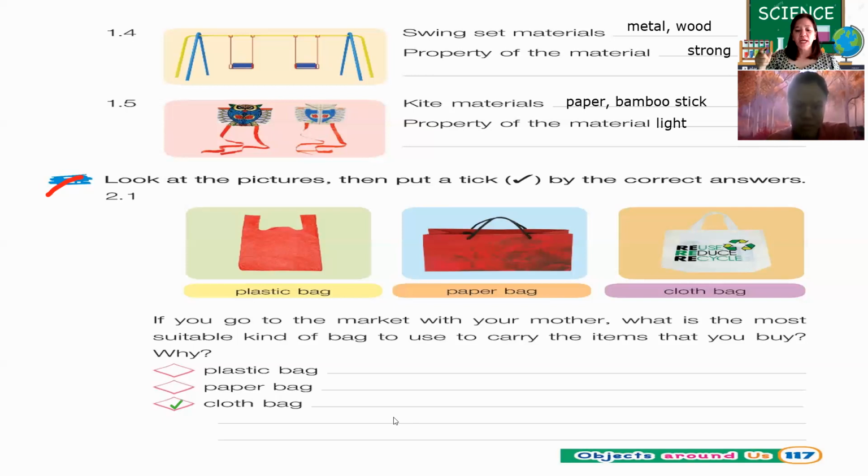When you take a photo, Teacher Petch and I are going to check it. If you use plastic bag, for example, I can use it again. Reuse it, right, teacher? Yes, teacher. We have different answers in number 2, but it's okay. It doesn't matter as long as you can tell us why.